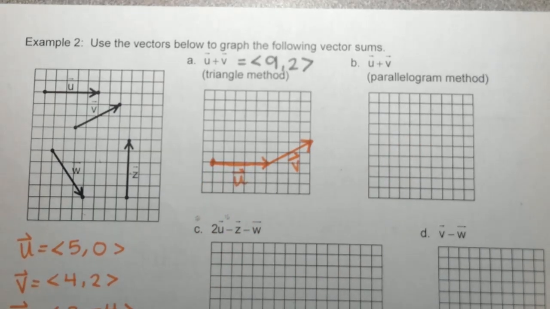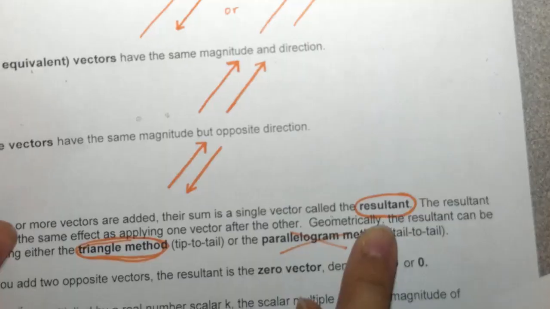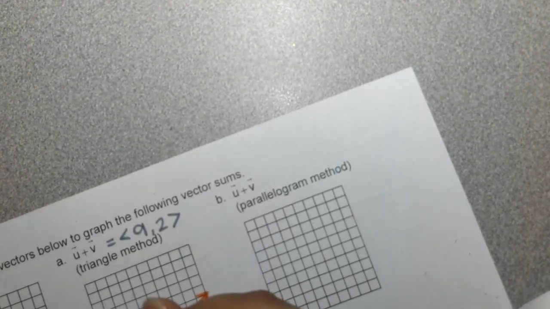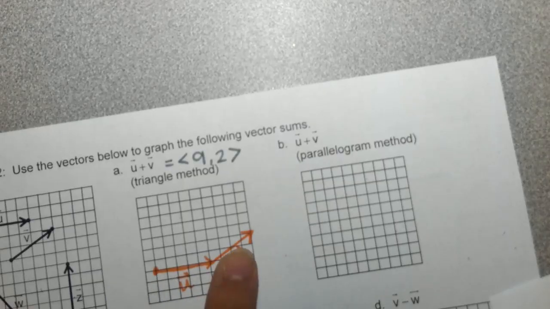Yep. Correct. Now, your resultant, remember how on the front we talked about the resultant? Your resultant is you taking your vector U and connecting it to the end of vector V. Use your badge to get a straight line.